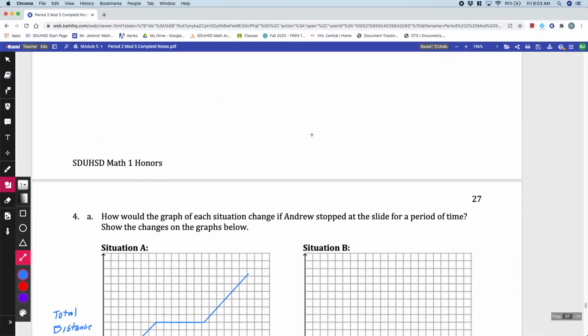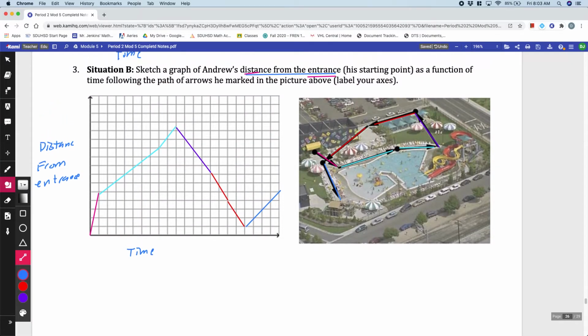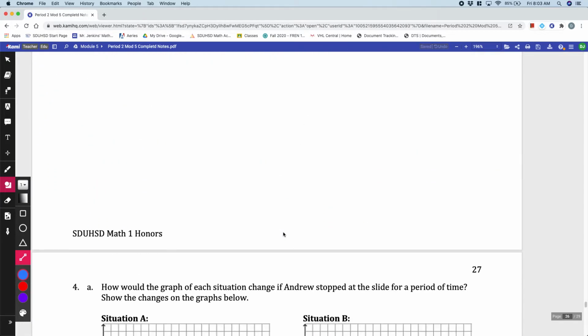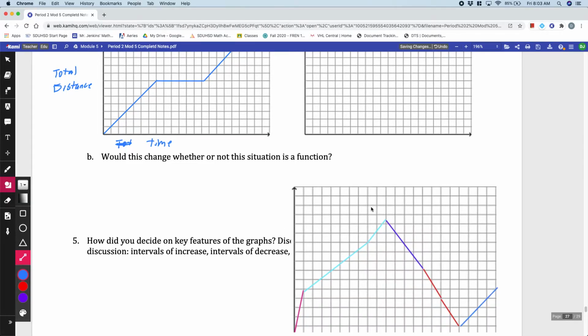All right. Now over here, the halfway point we said was located right here. I'm going to take a screenshot of this graph so we can use it as a quick reference.